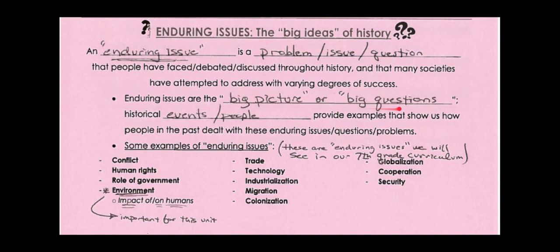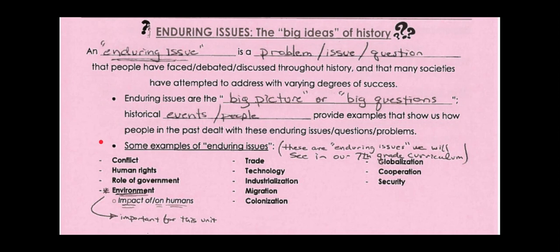And then the historical events and people that we talk about, the stories, provide examples that show us how people in the past dealt with these enduring issues, questions, problems, etc. Don't stress about this, honestly. It'll become clear later on. But for now, we're just getting exposed to this so we can become a little more familiar later on.